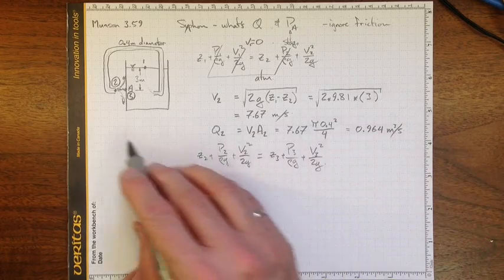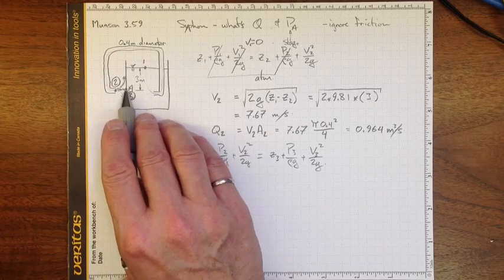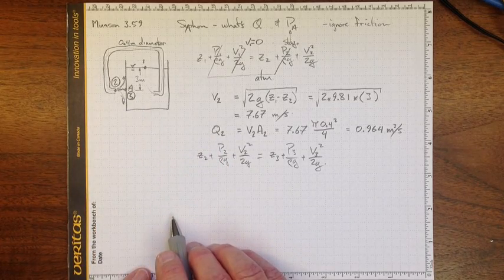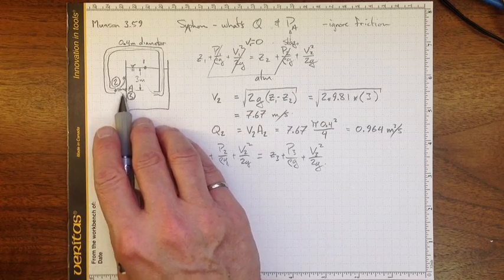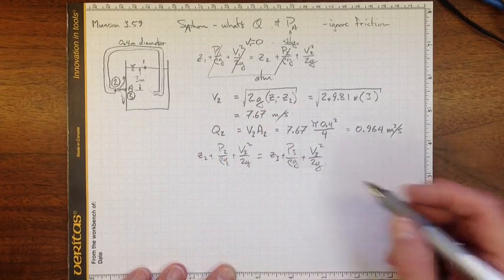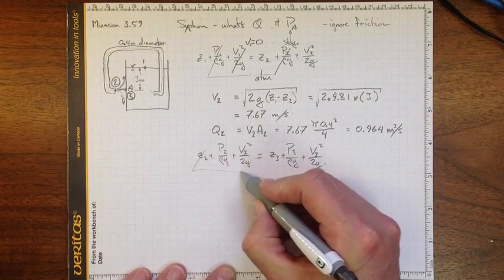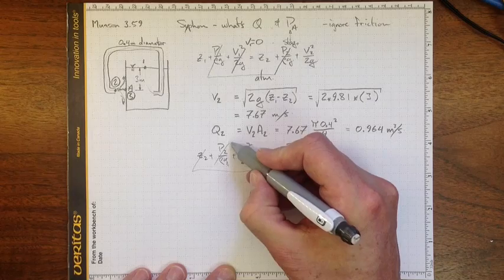If we ignore the elevation change, this jet might drop down a little bit, but let's ignore that for the moment. And at the same time that we're ignoring that, we'll say it also doesn't accelerate due to gravity. So it'll work out. We'll say that Z2 and Z3 are equal. We'll say that P2 is atmospheric.